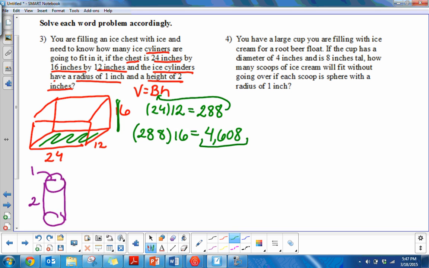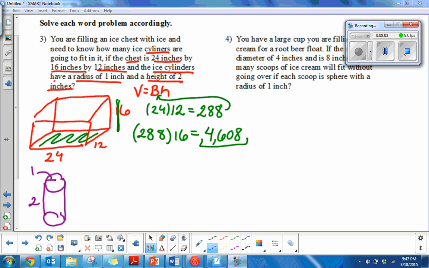Now we need to go ahead and find the volumes for these ice cylinders. So we're still working with the equation volume equals the area of the base times the height. But our base changes in this because our base is actually a circle. So we're going to use the equation not base times height. We're going to use pi r squared, and our r in this case is 1.